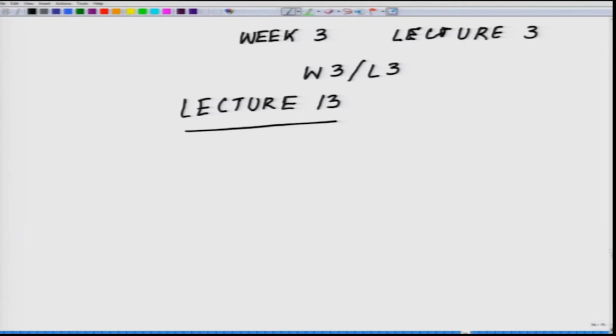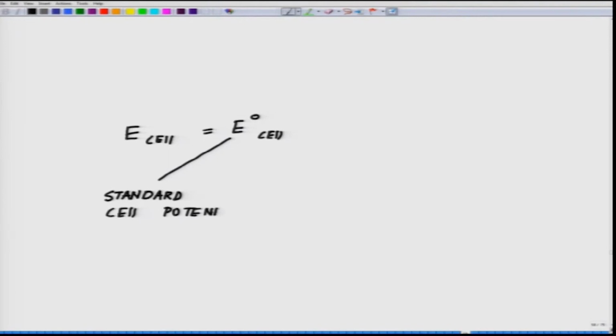When we write the Nernst equation, it is E of the electrochemical cell is equal to E0 of the cell, which is our standard cell potential, with all the values as unity for all components.